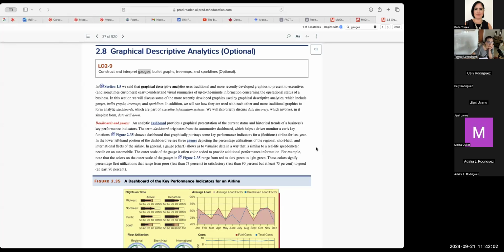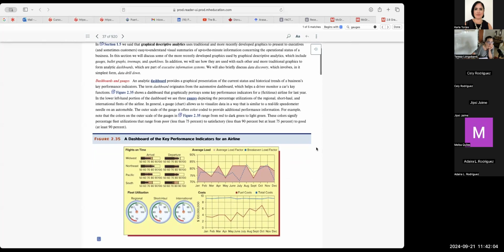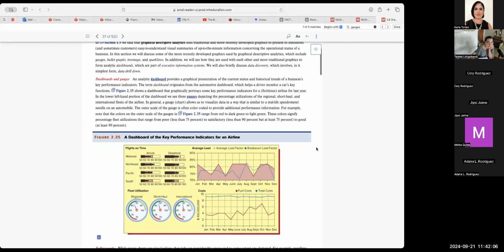Dashboard and gauges. In the lower left-hand portion of the dashboard, we see 3 gauges depicting the percentage utilizations of the regional, short haul, and international fleet of the airline. In general, a gauge allows us to visualize data in a way that is similar to a real-life speedometer needle on an automobile.